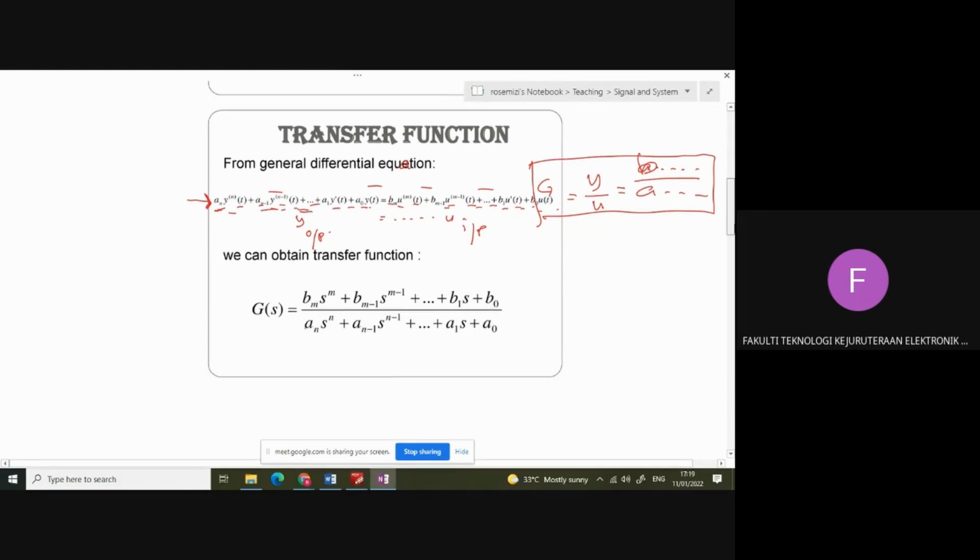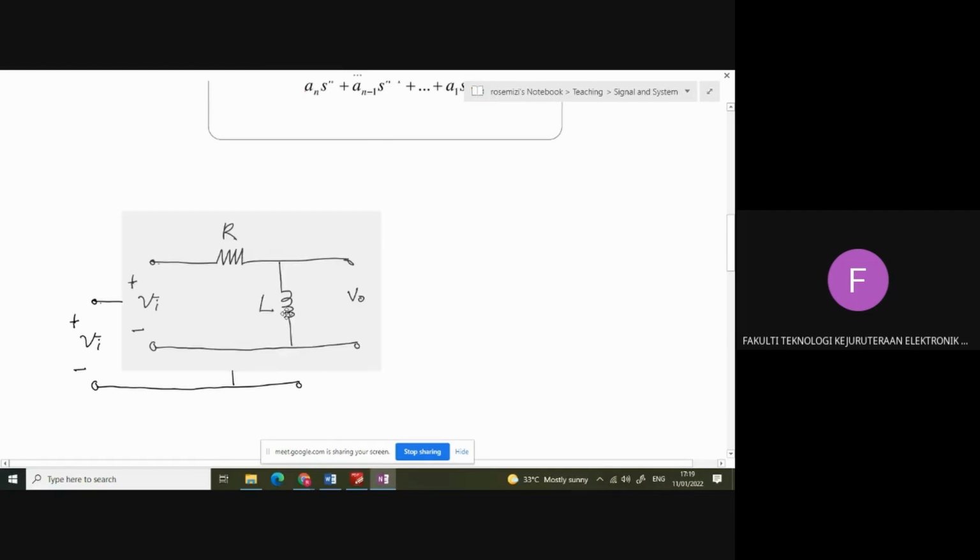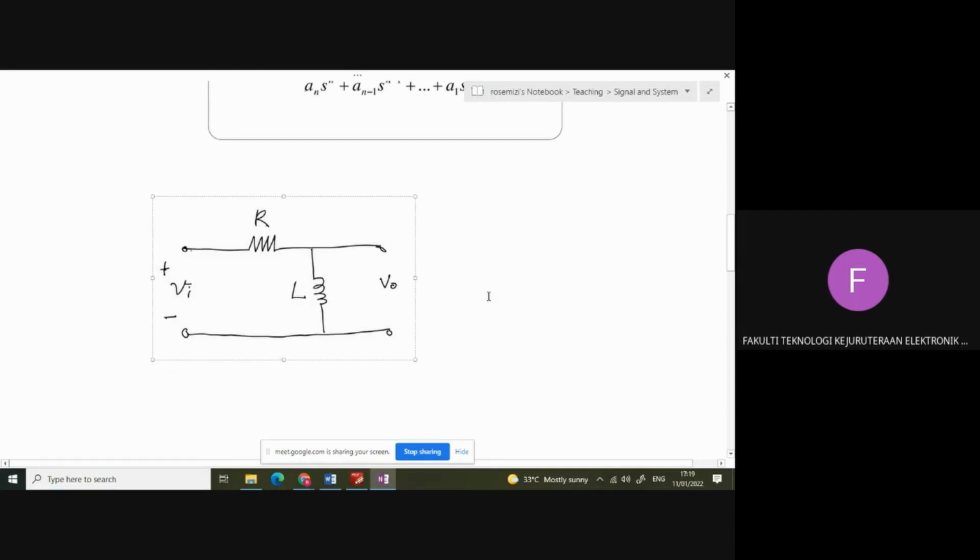So we will try to do one example. One example is an RL circuit. We have an RL circuit here. This part is the input part and this part is the output. So what is the transfer function?